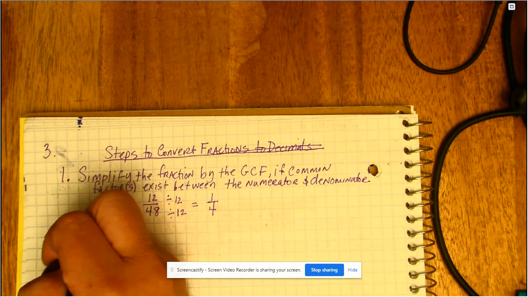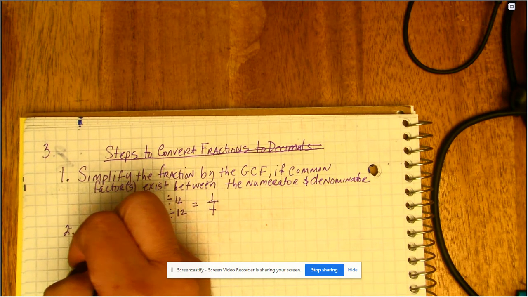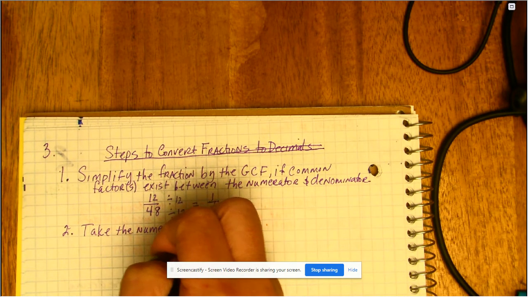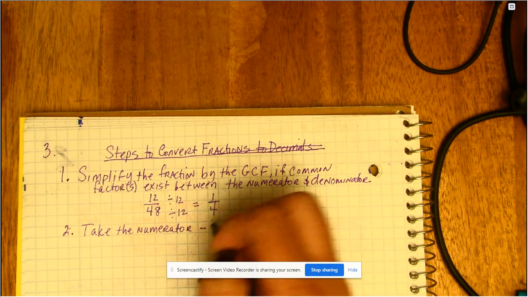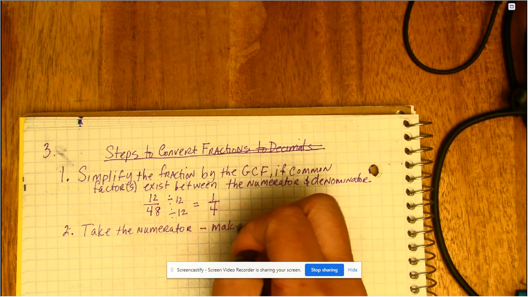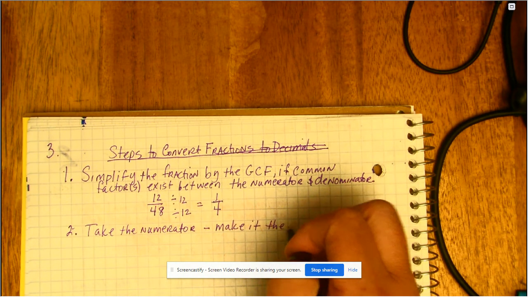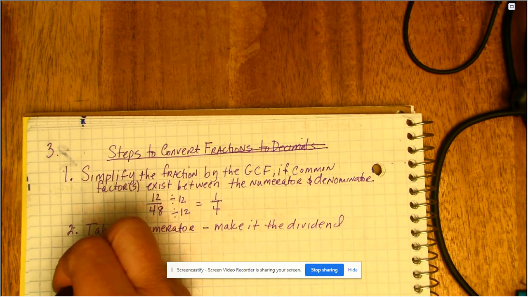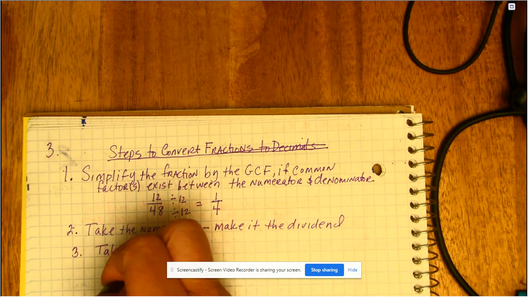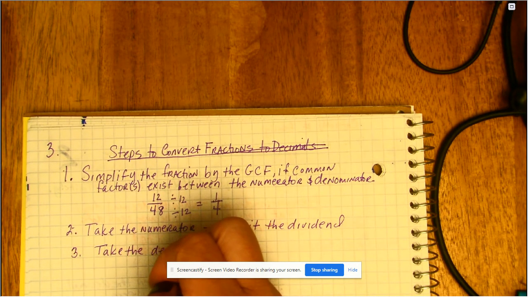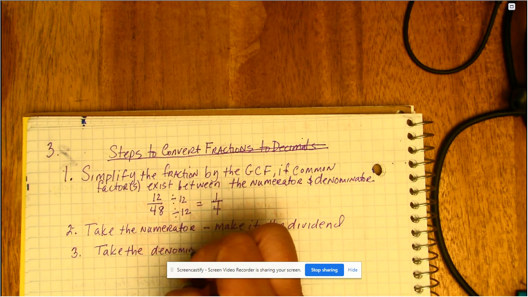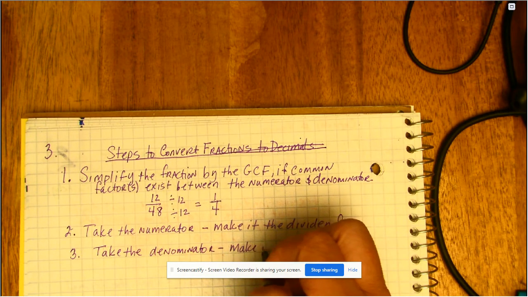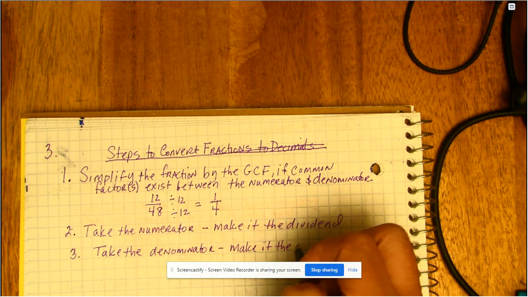Step number 2 is to take the numerator and to make it the dividend. Step number 3 is to take the denominator and make it the divisor.